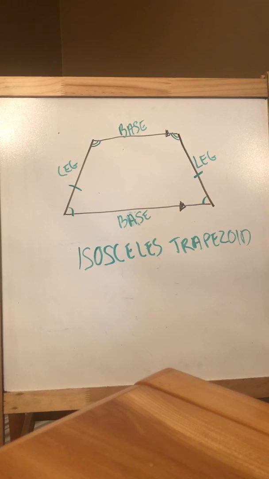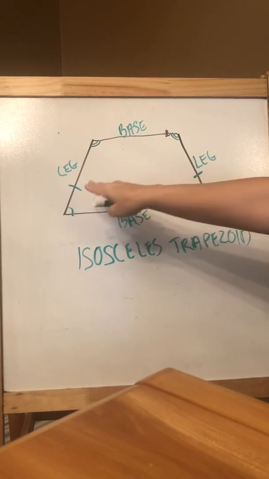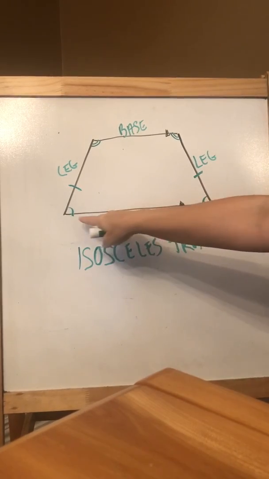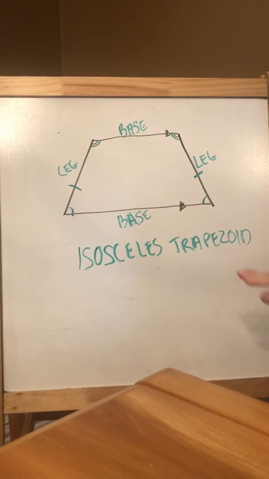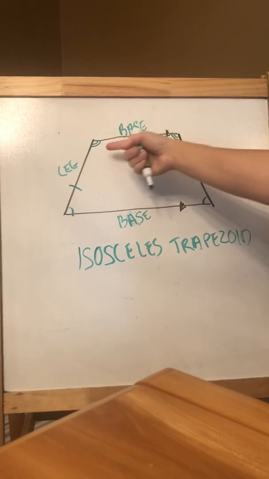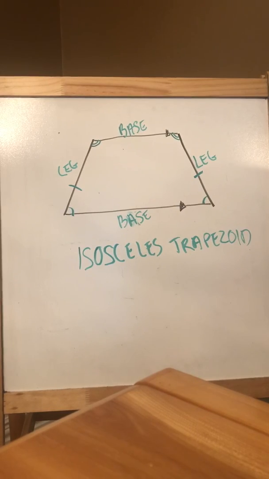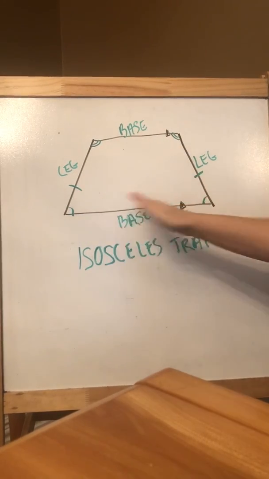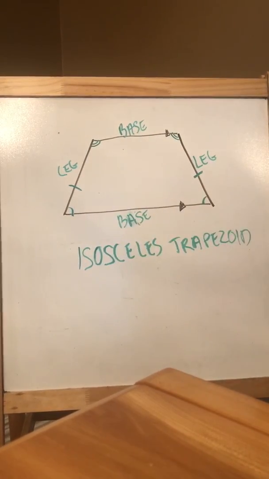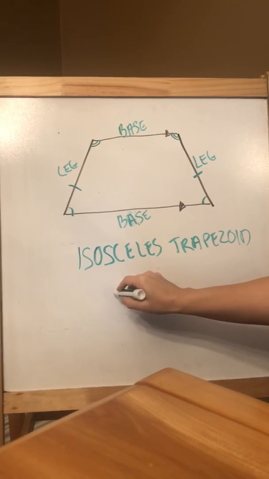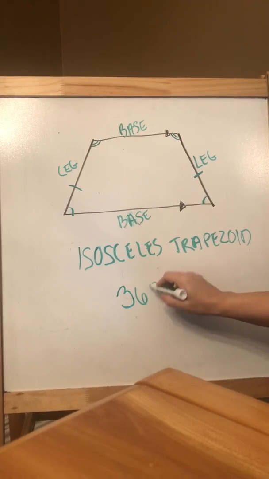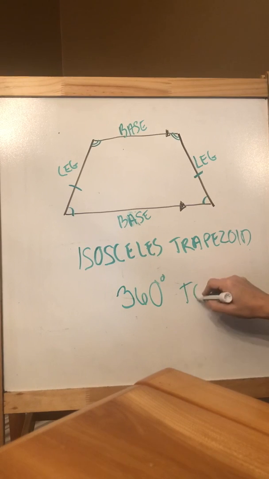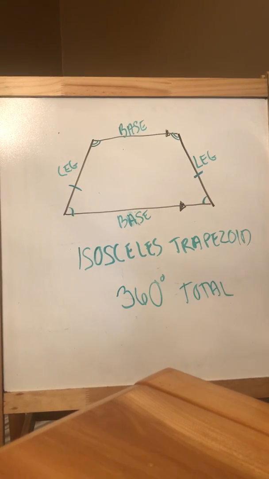And just like in an isosceles triangle, when you have legs that are congruent, that means these angles are congruent. It also means our other base angles are congruent to each other. And since it's a quadrilateral, we know that all these inside angles have to equal what? 360 degrees total for the whole inside.